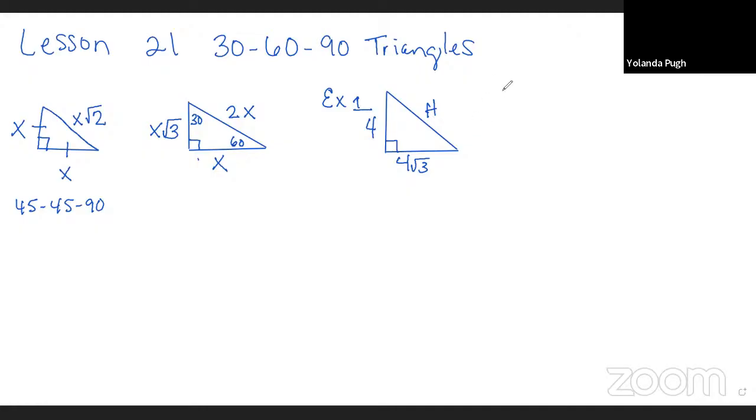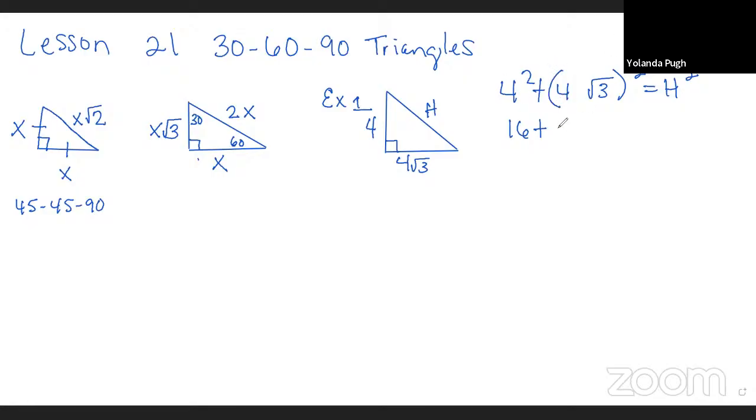Using the Pythagorean theorem, we say that 4 squared plus 4 times the square root of 3 squared is equal to h squared. Forgive me, I need to write that correctly. Both the 4 and the square root of 3 should be squared.